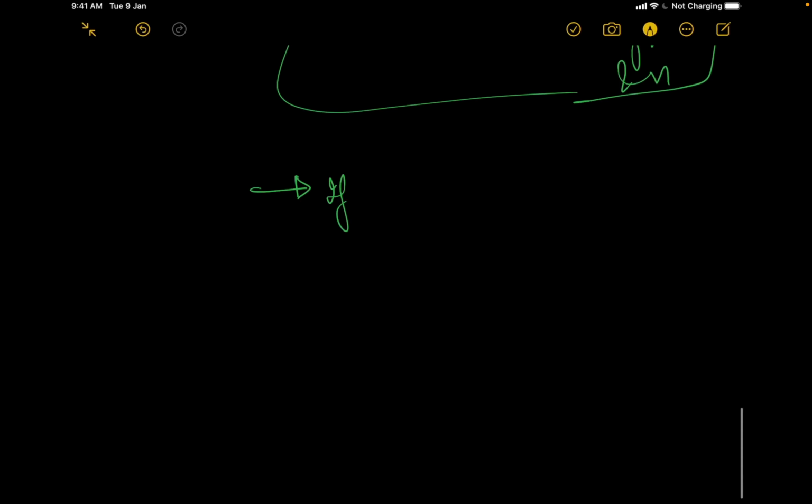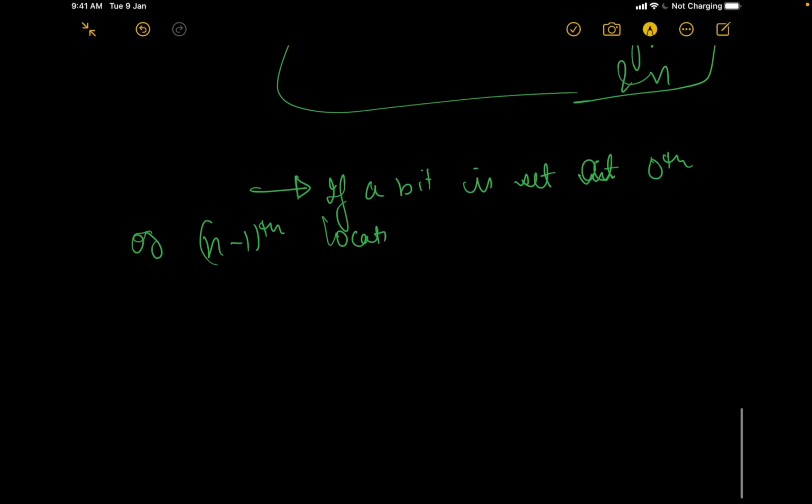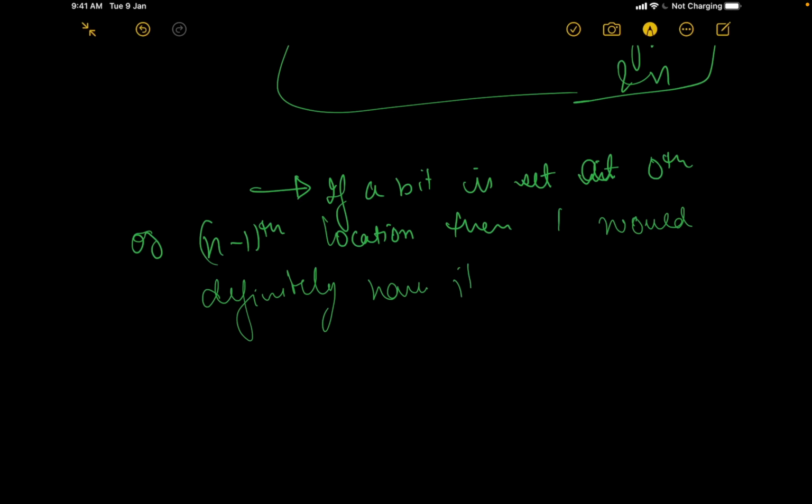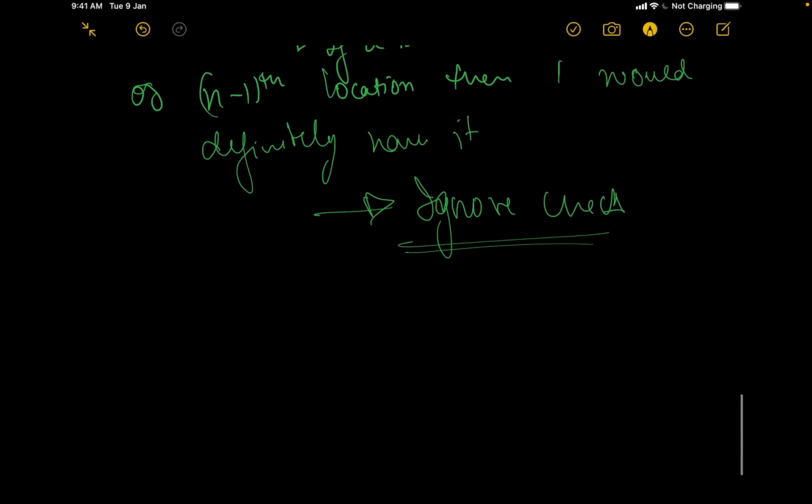If a bit is set at the 0th or n minus 1th location, then I would definitely have it. So basically I'll ignore my checking for this case. Yeah, that's it. So this is the heart of the question.